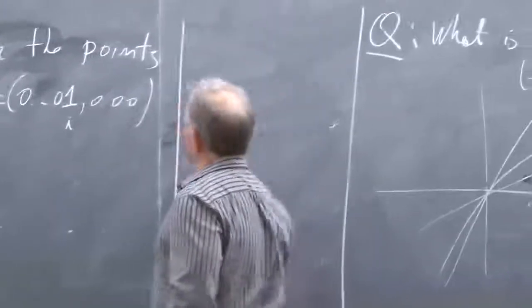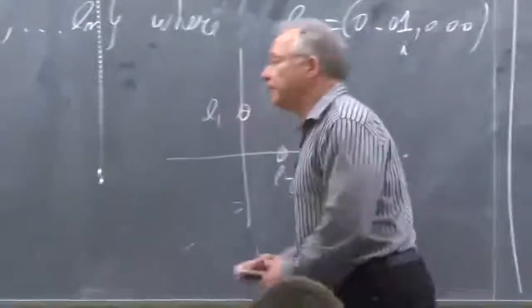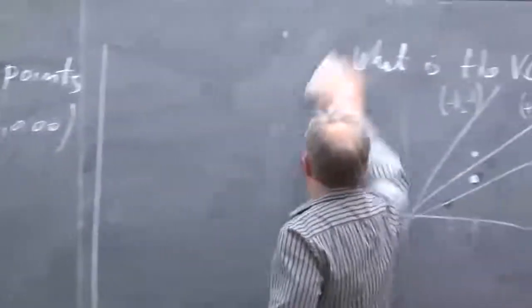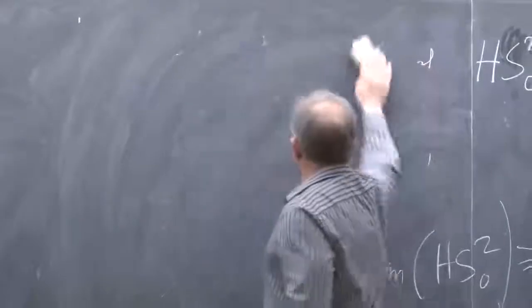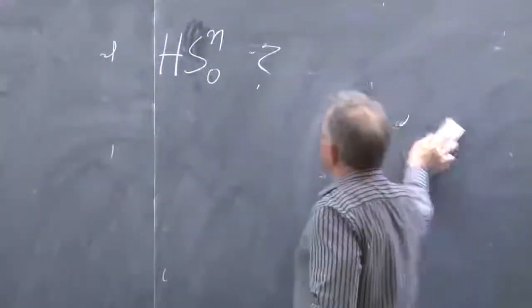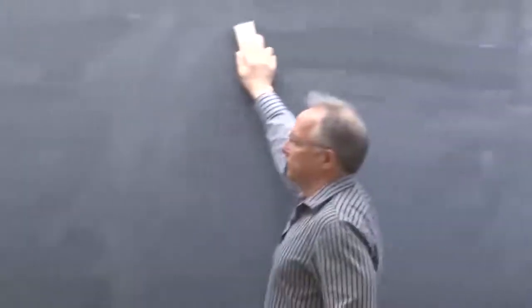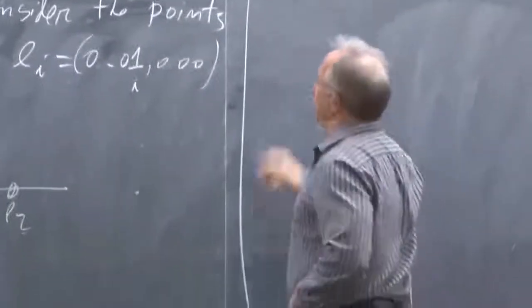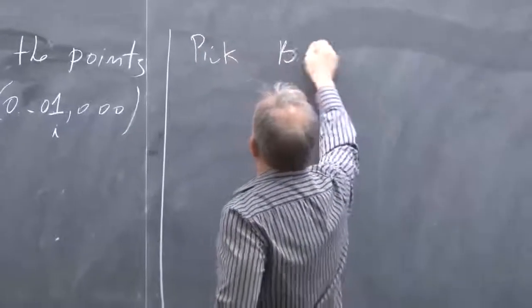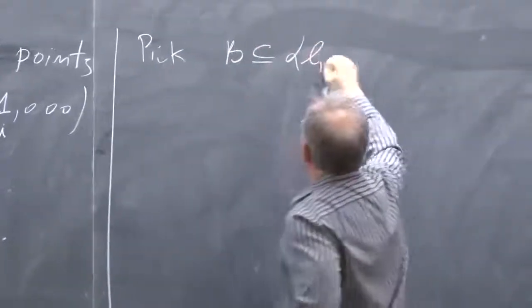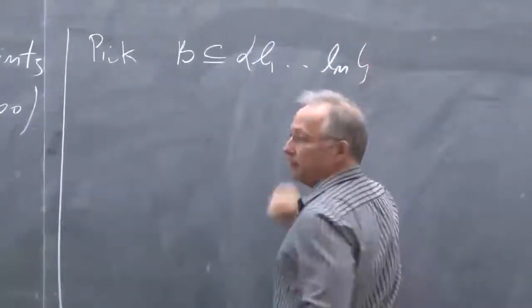OK, so how do we show it is shattered? To show it is shattered, pick any subset B of E1 up to En of my vectors.